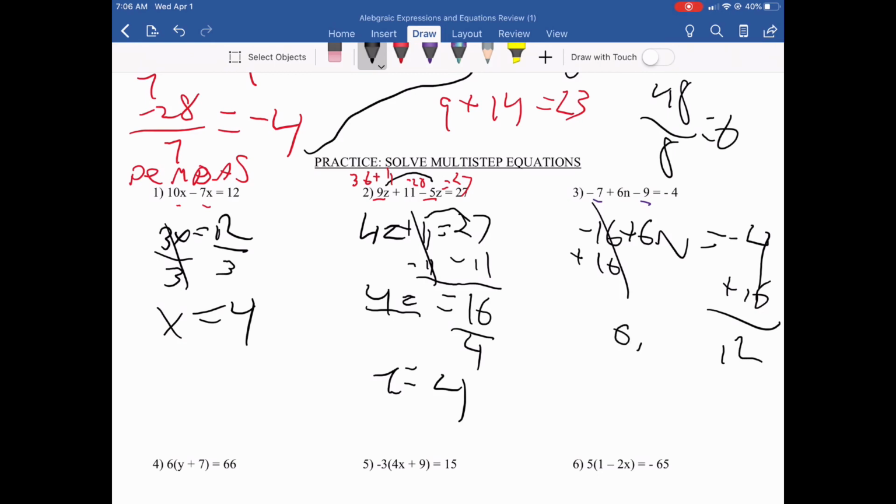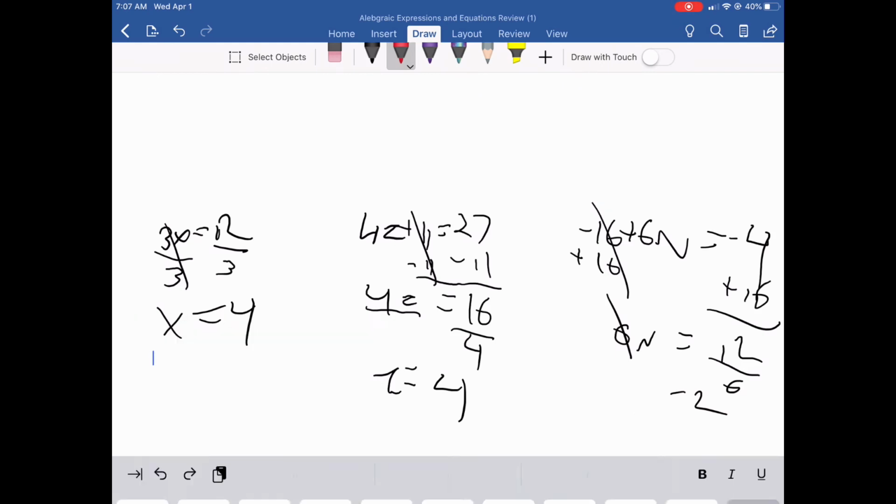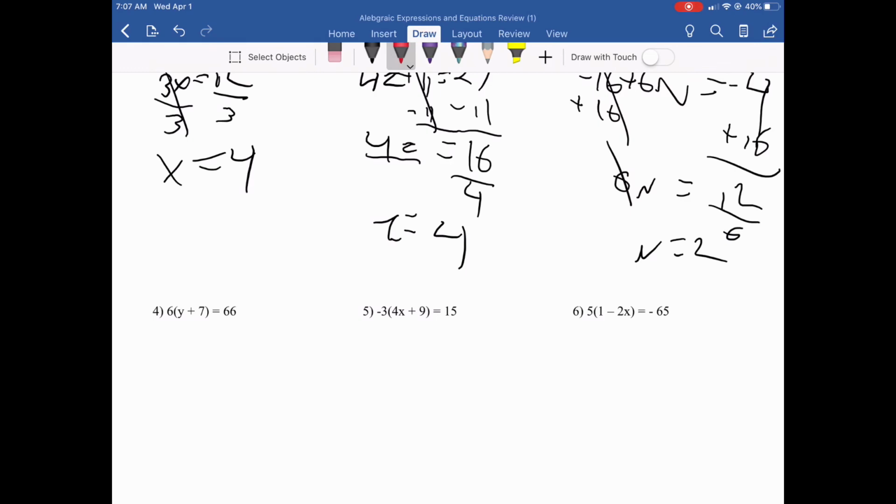So we have 6n equals 12. Divide both sides by 6. N equals 2. Put it back in the equation. So it'll be negative 7. So negative 7 plus 12 is 5. Take away 9, negative 4. It adds up.